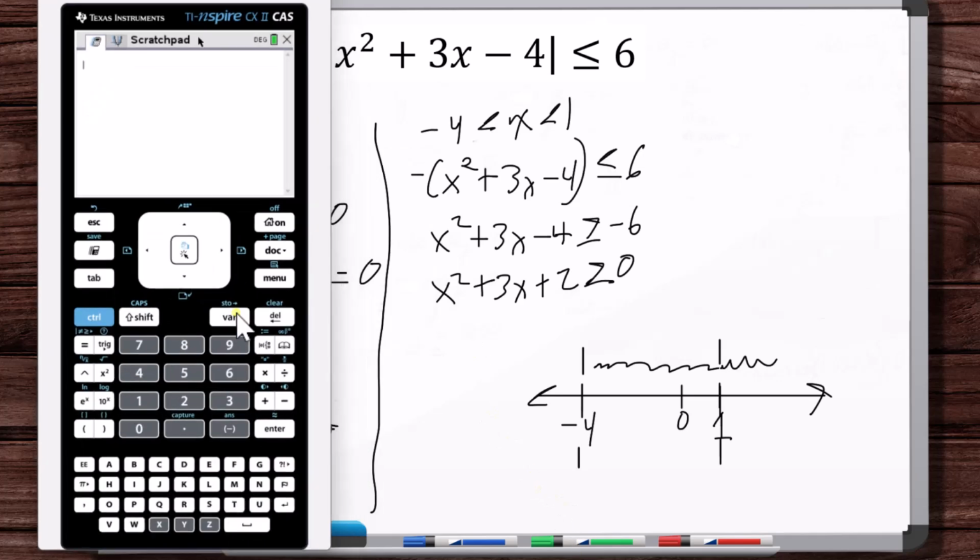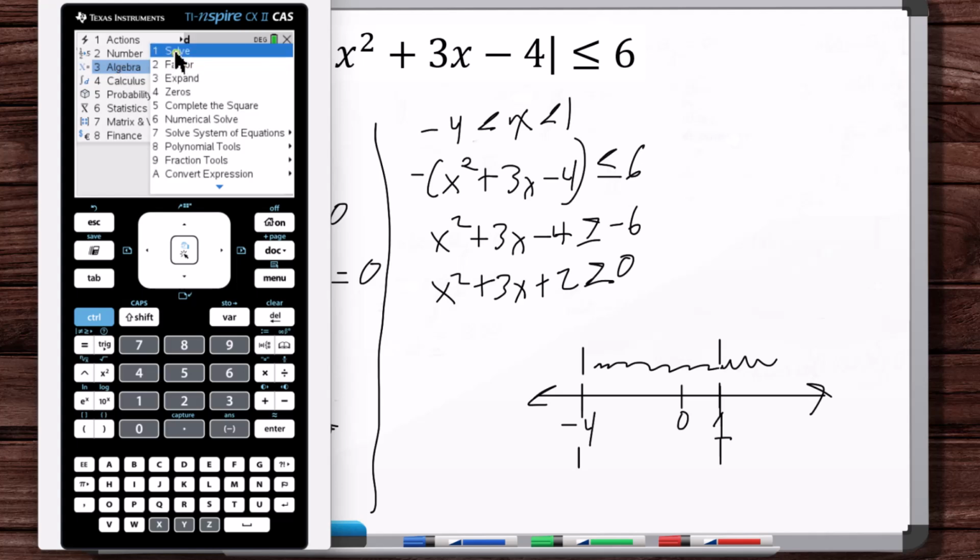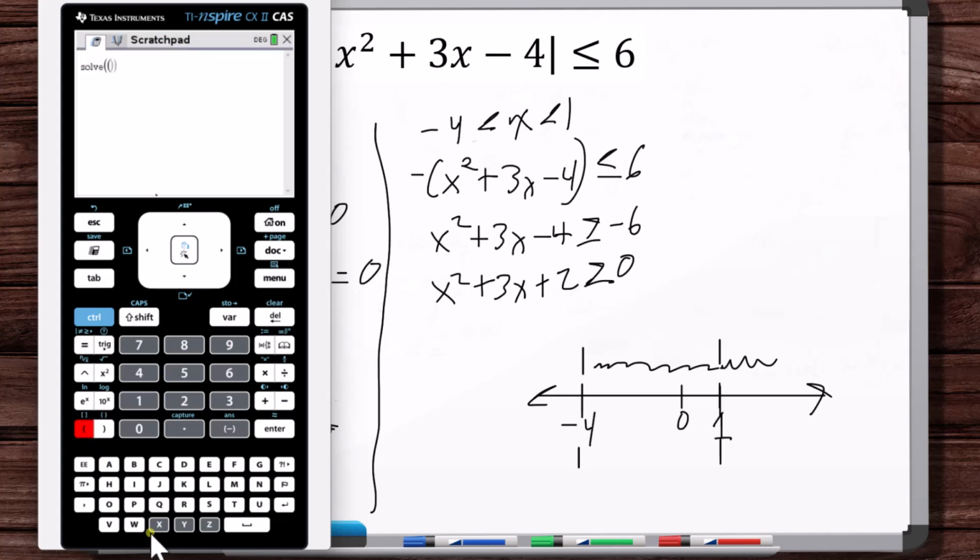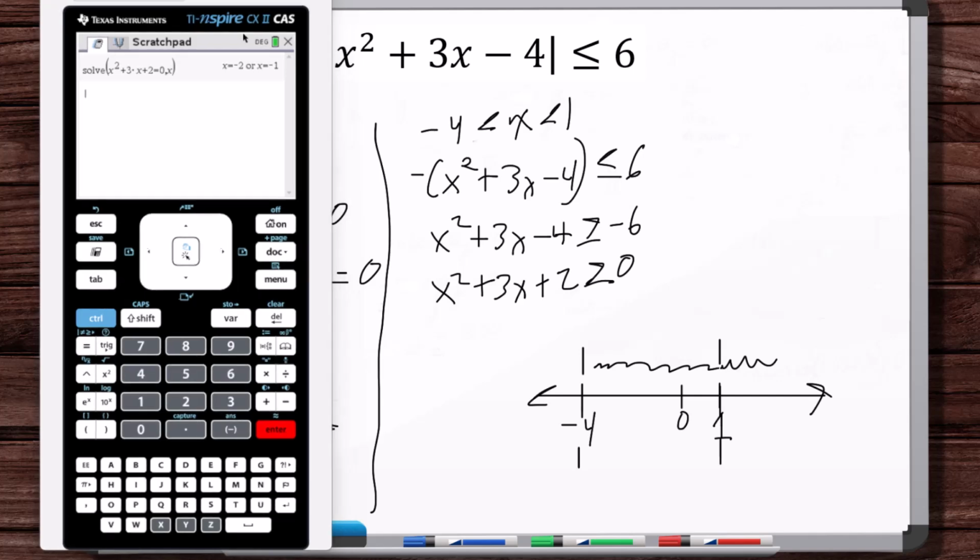When is x squared plus 3x plus 2 equal to 0? We're solving for x. When x is negative 2 or x is negative 1.